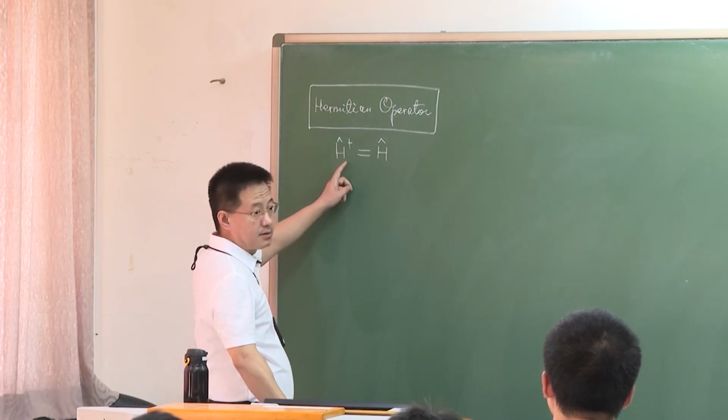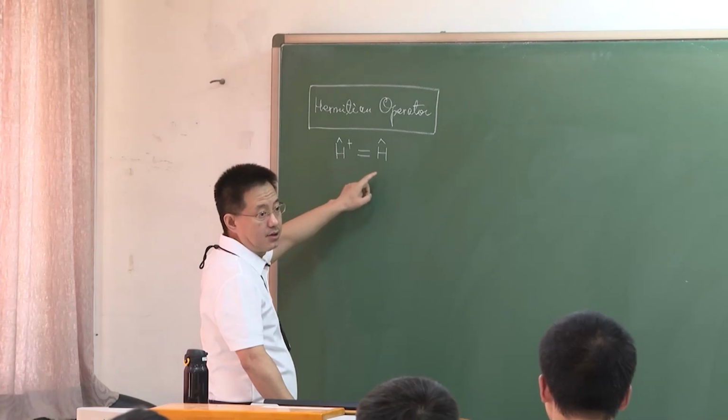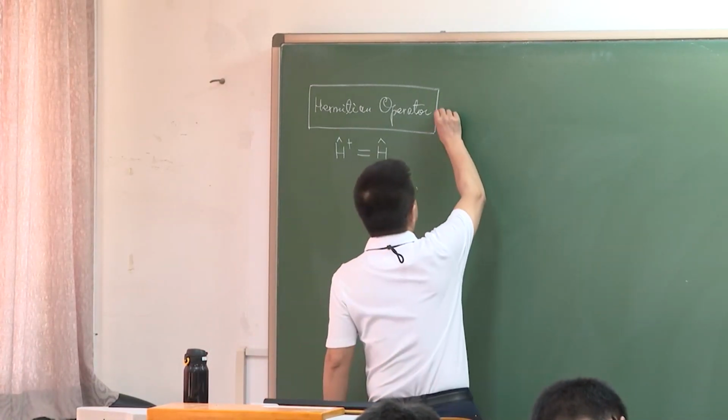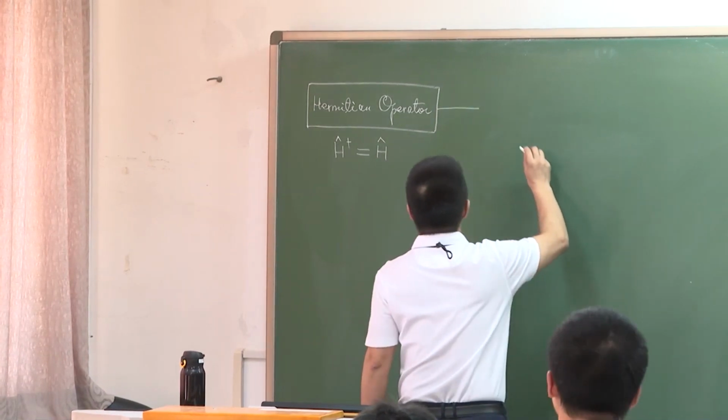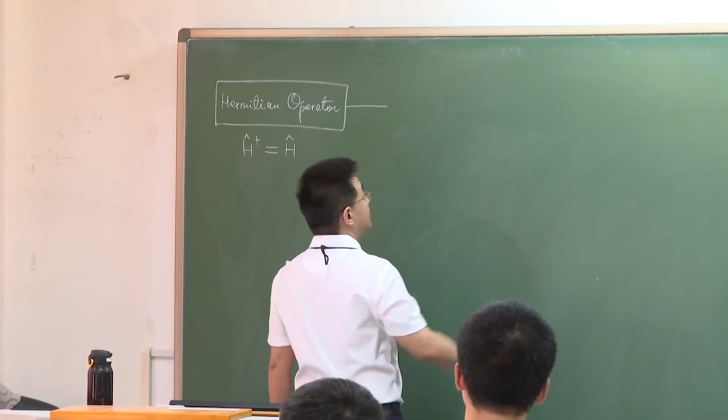The adjoint, or the Hermitian conjugate, of this operator is equal to itself. So that is the Hermitian operator. And a Hermitian operator can be used to represent the observable.